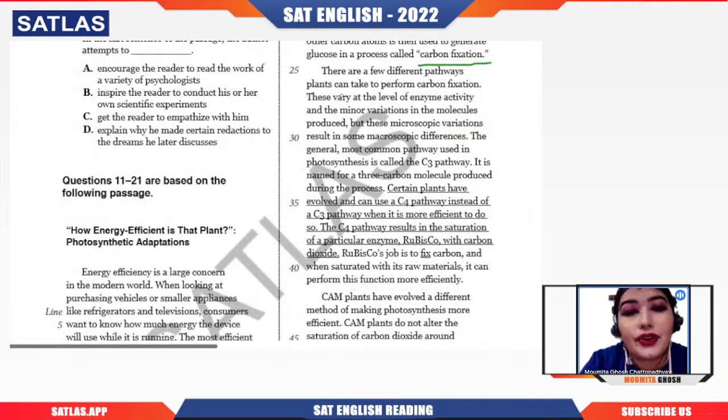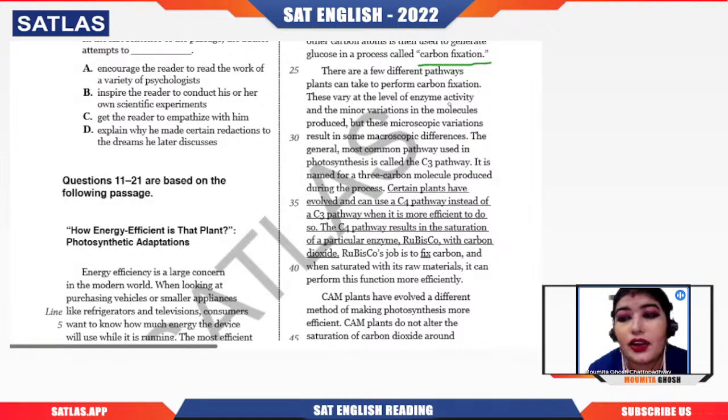It is not only that it takes place through the stomata, the small opening of the leaf. It also takes place with the help of different pathways. There are many ways.